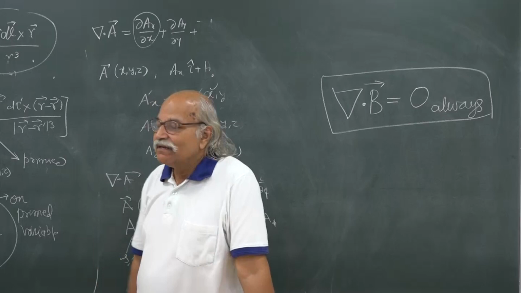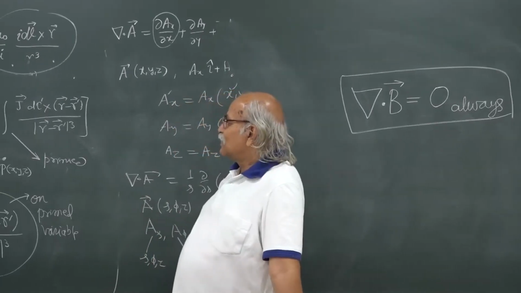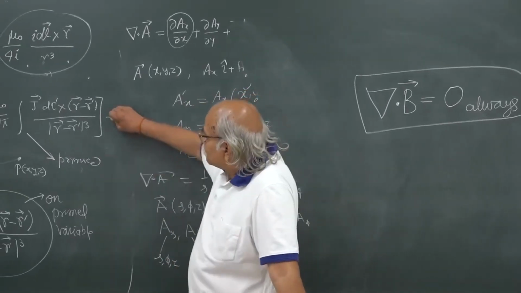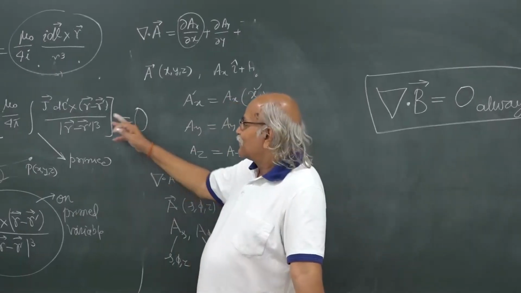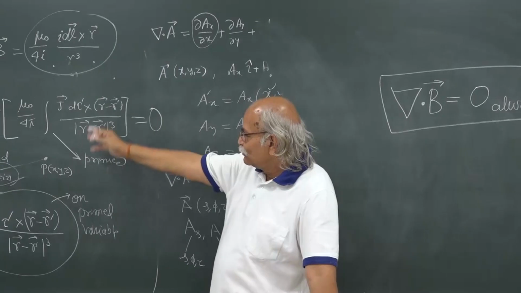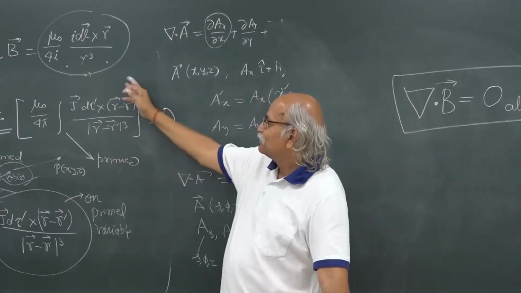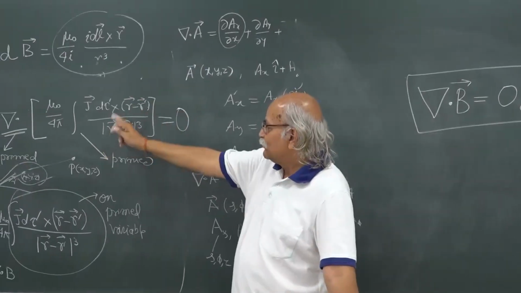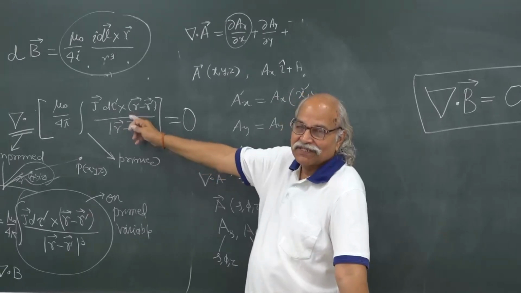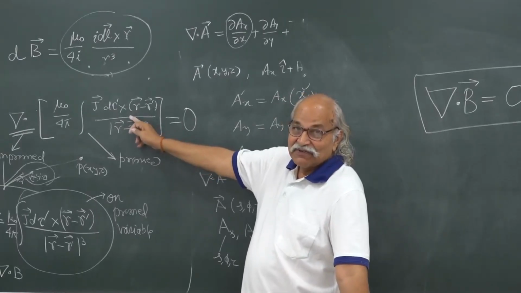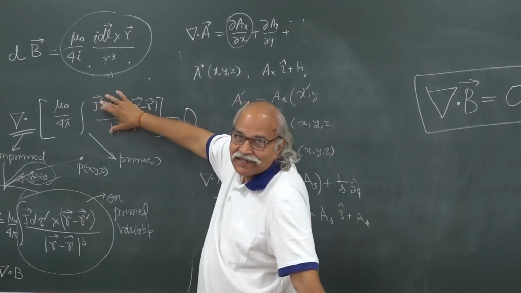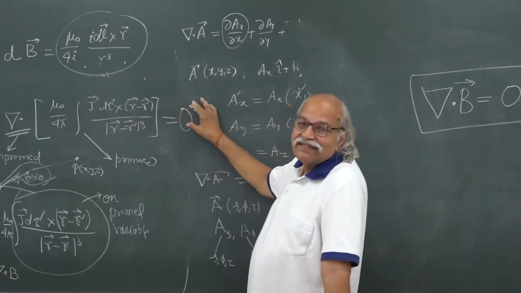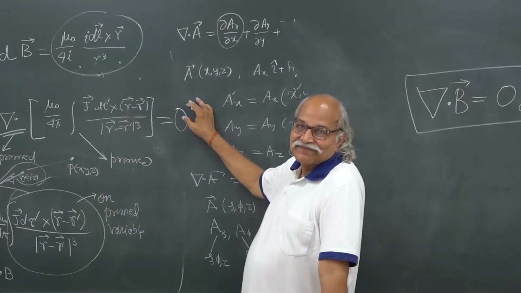There are big long calculations you will have to do to show that this is 0. There is a huge amount of algebra involved, but if you have patience to do that algebra, you will find that yes, starting from here the divergence finally turns out to be 0.